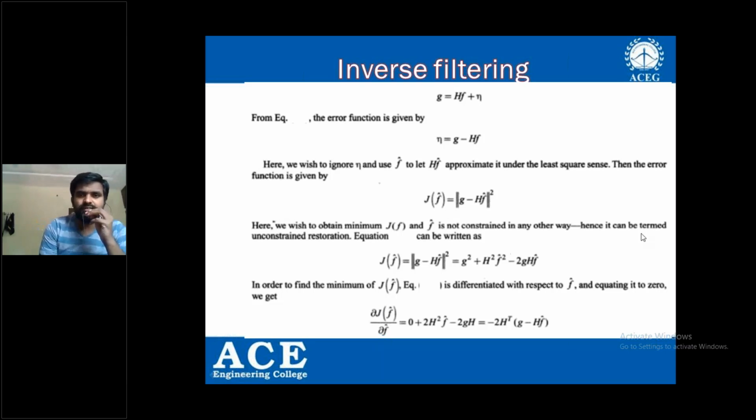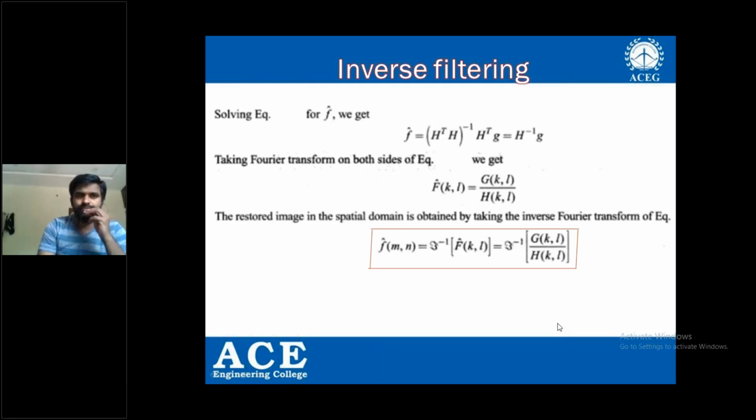Then you can find this particular F cap, right? So we have to write the expression for J of F cap in terms of F cap. That error function must be minimized to find F cap, the estimation function, and therefore that particular differentiation value is calculated.